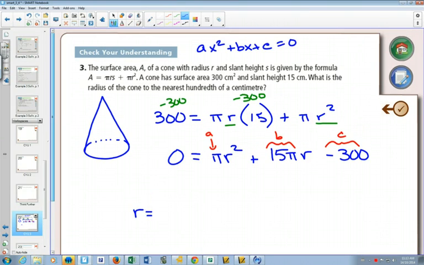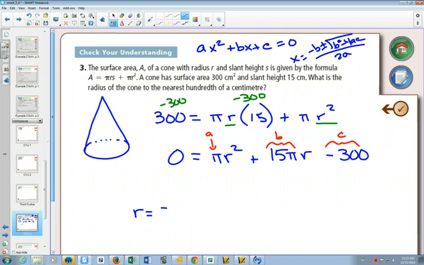Just to remind you, maybe I'll write it up. Negative b plus or minus square root of b squared minus 4ac all over 2a. That's our quadratic formula. So now we just have to plug things in and be careful as we do it.